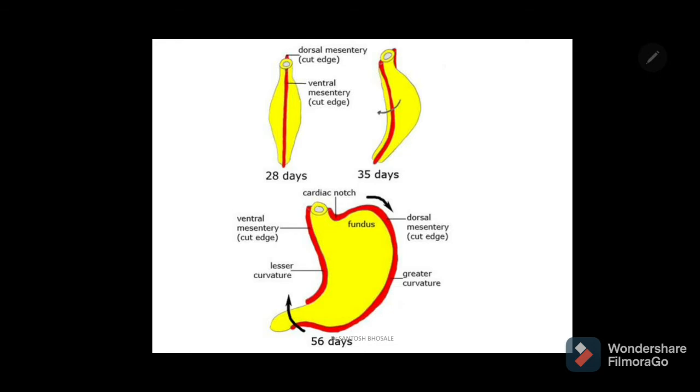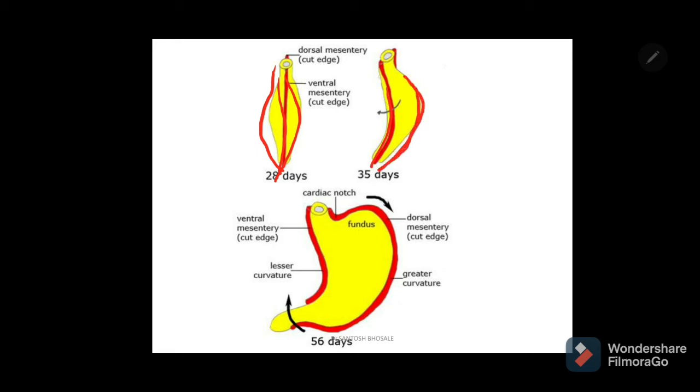The stomach develops as a fusiform dilatation in the caudal part of the foregut in the middle of the fourth week. Initially, it lies in the midline and shows expansion. You can see here it is a fusiform dilation in the midline in the sagittal plane, having an anterior border and a posterior border.